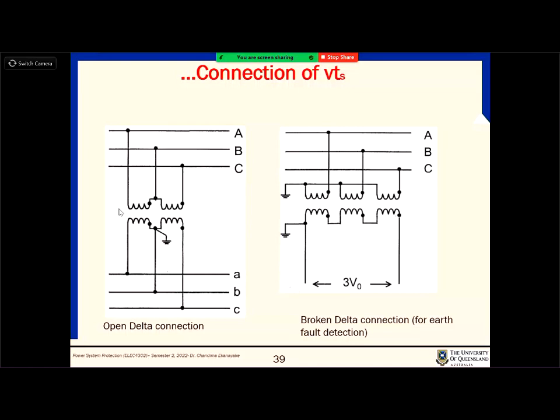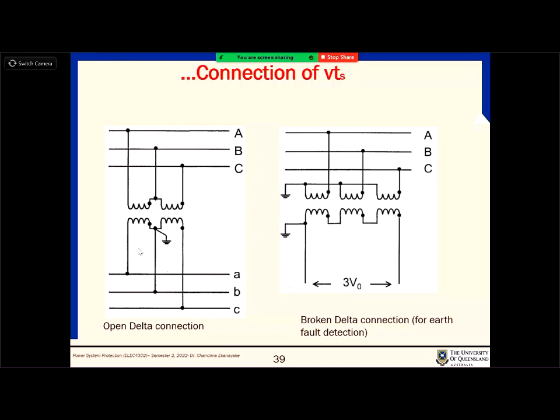We only monitor the voltage from phase C to B and B to A. It's only those 2. This sort of arrangement is quite useful to detect line faults, because if there is a fault between the lines, the voltage drops and that will be reflected here.